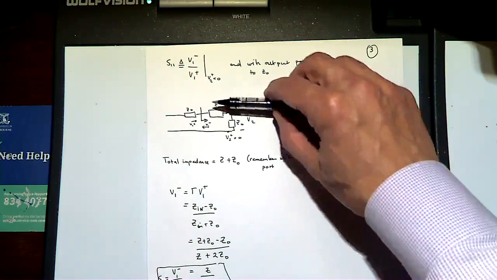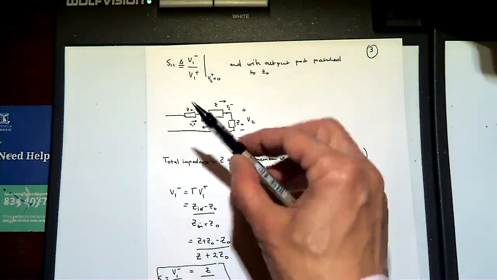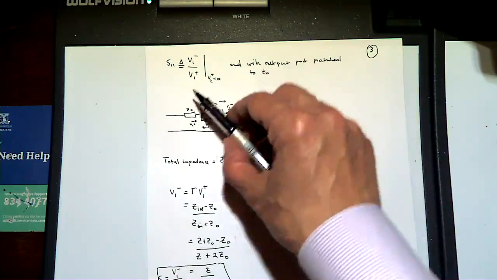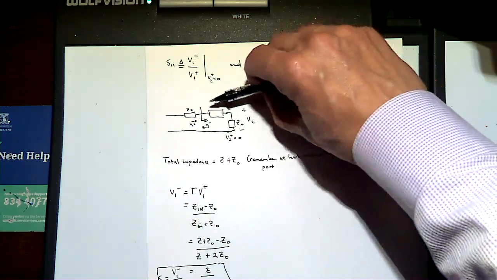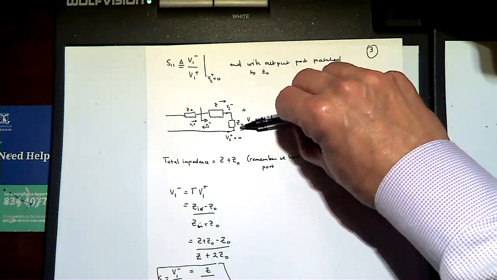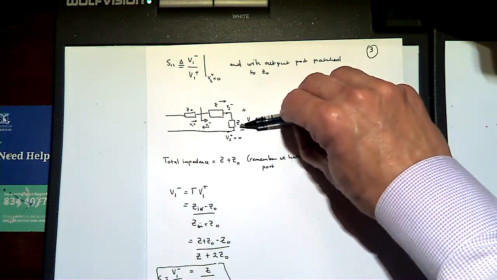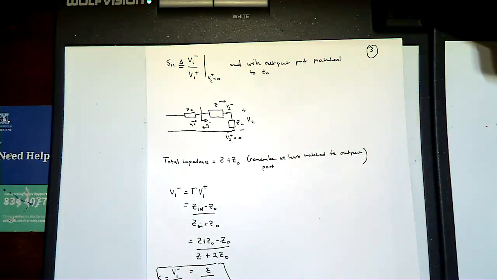So the total impedance in this particular case, if we're measuring the reflection coefficient, is going from Z0 to Z plus Z0. Remember when we're calculating S11, it's a definition, it's nothing magic, right? The way we've defined S11 is that we terminate it with the characteristic impedance.